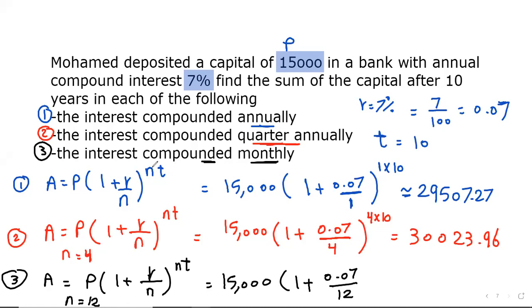Because the interest is compounded monthly, all raised to the power of 12 multiplied by 10. By using the calculator, it will be 30,144.92.